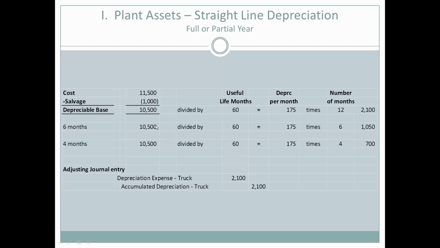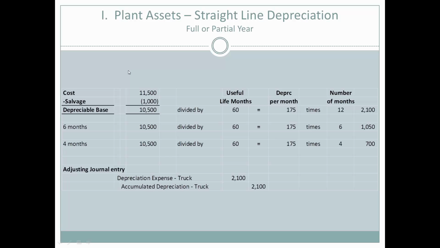So we're going to use the same depreciable base divided by the same number of months in its useful life, 5 years times 12, 60 months, $175 per month times 6 months. This would be it for a partial year depreciation. 4 months, same calculation. We're going to take the 175 and multiply it by 4, and our depreciation would be for 4 months.